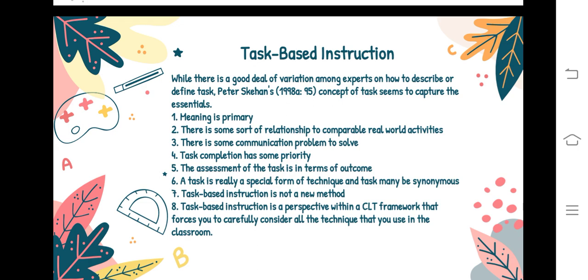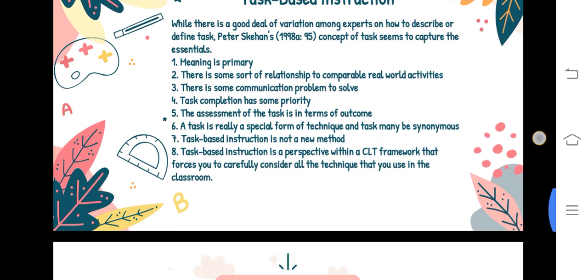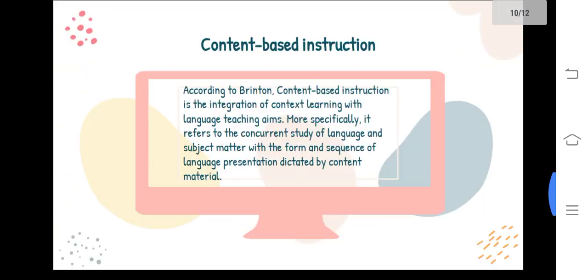And the eighth is task-based instruction is a perspective within a CLT framework that forces the students to carefully consider all the techniques that you use in the classroom. Teacher, in this point. So that's the last of the summary.